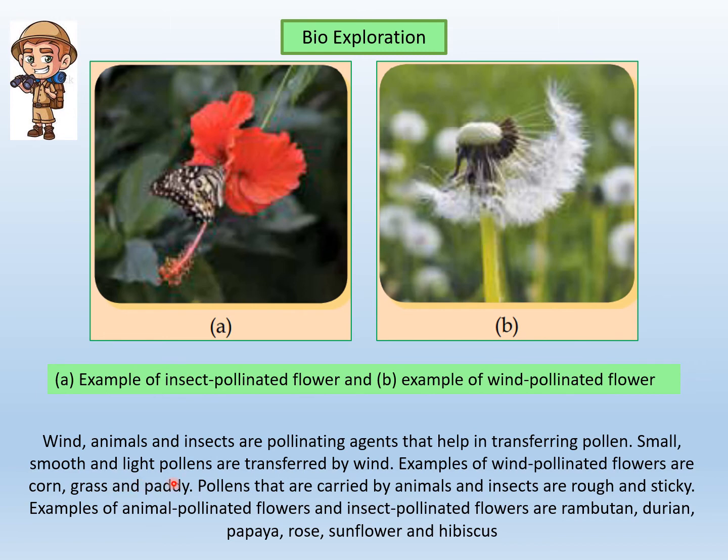Small, smooth, and light pollens are transferred by wind. Examples of wind-pollinated flowers are corn, grass, and paddy. Pollens carried by animals and insects are rough and sticky. Examples of animal-pollinated and insect-pollinated flowers are rambutan, durian, papaya, rose, sunflower, and hibiscus.